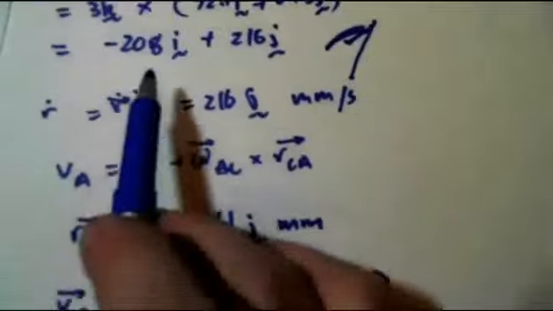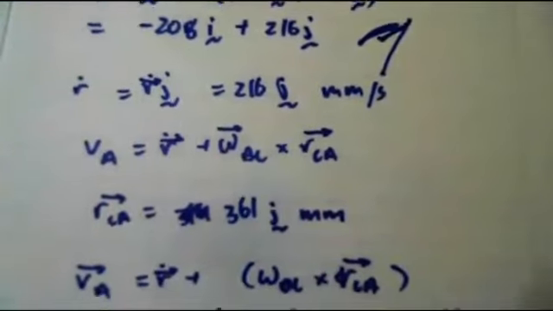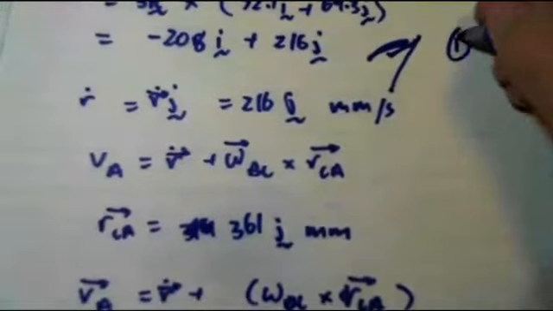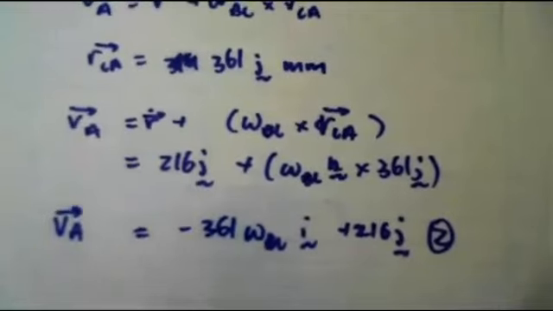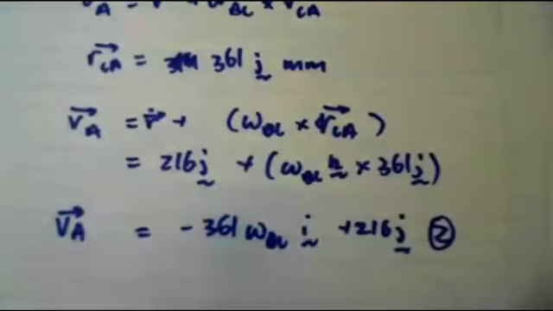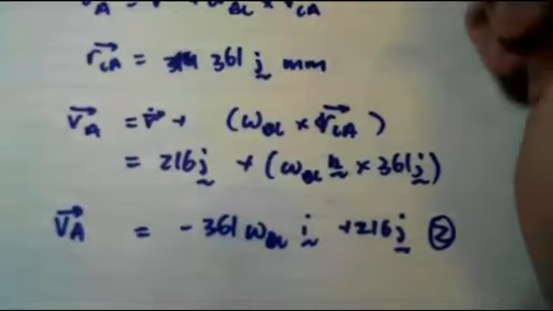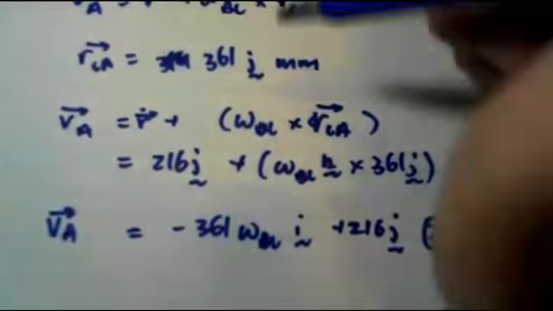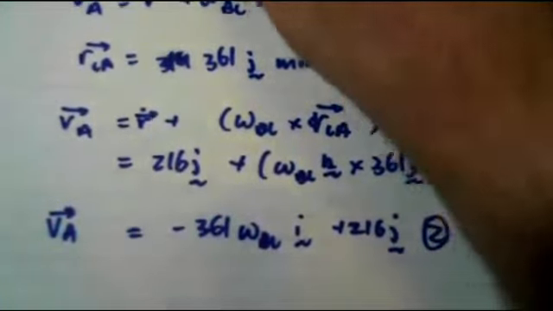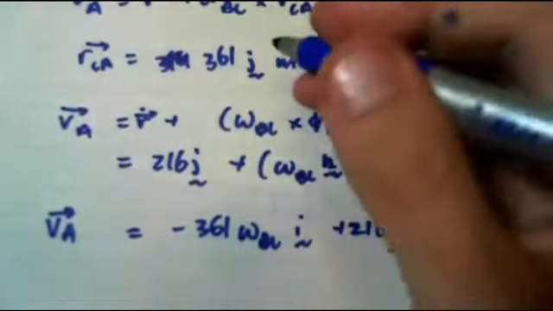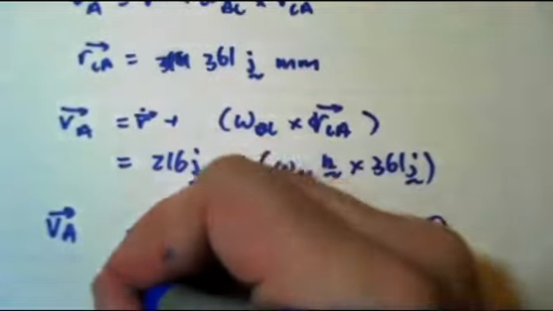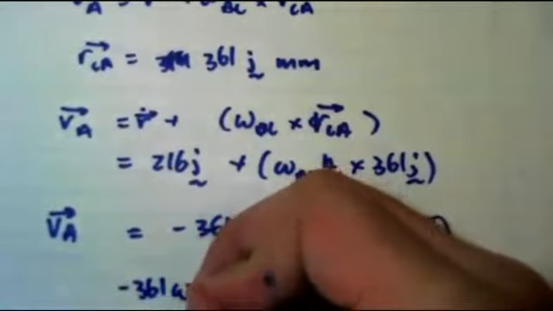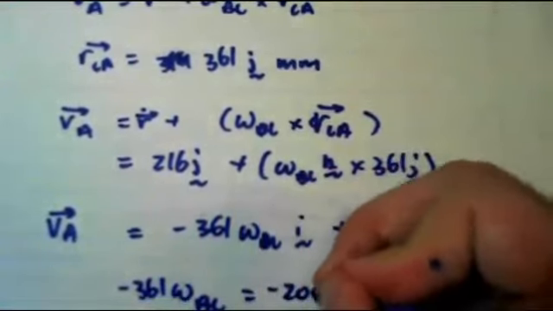Now if we go back to our equation for the V of A, which was up here, that's our equation 1, and this is our equation 2. If we equate the coefficients of the i and j components, we can see 216 and 216 correlate, but negative 208 and negative 361 omega BC, we can solve for omega BC by equating the coefficients of i. So negative 361 omega BC is equal to negative 208.